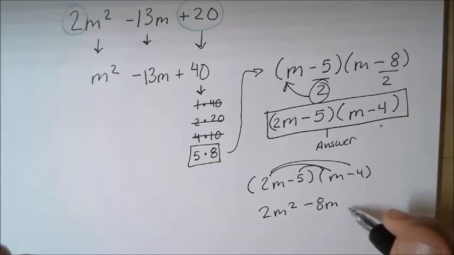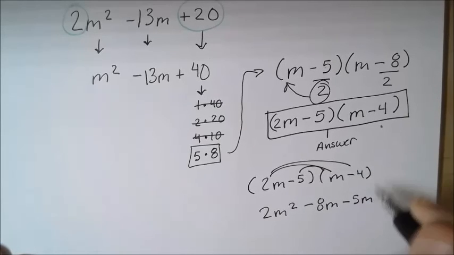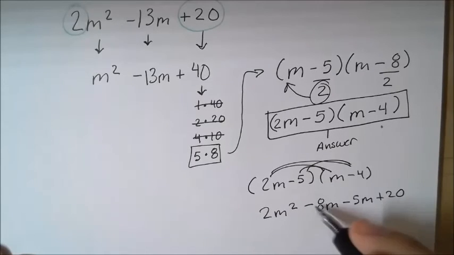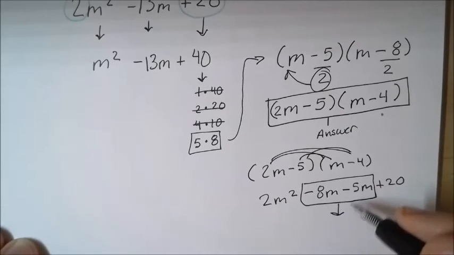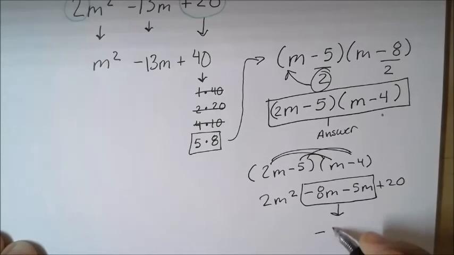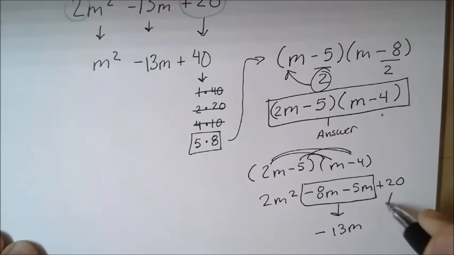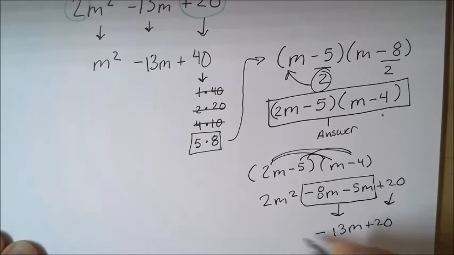Negative 5 times m gives me negative 5m. And negative 5 times negative 4 gives me a positive 20. If we combine our like terms in the middle, that's going to turn out to be negative 13m. Bring down my 20. Bring down my 2m squared.